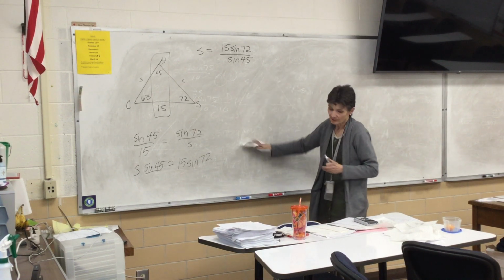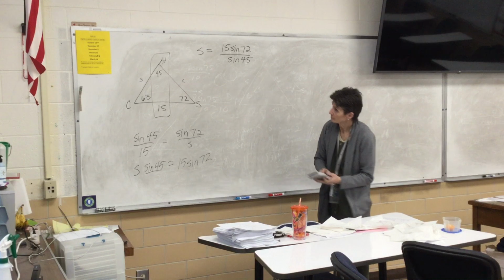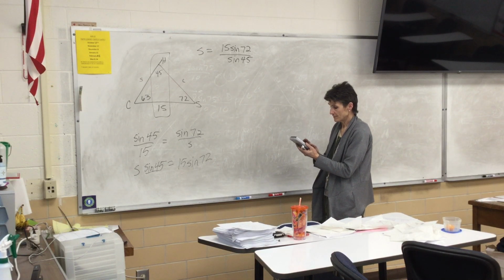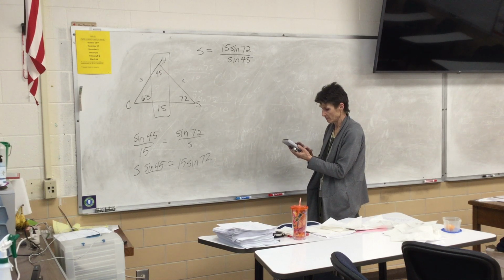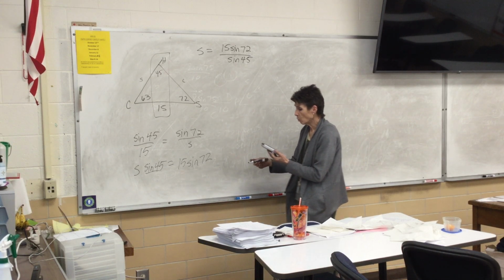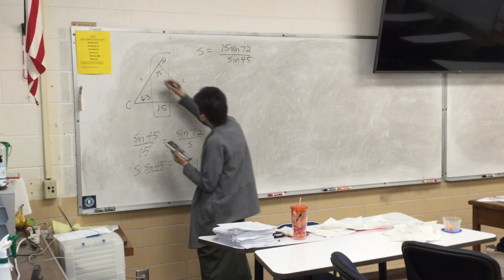So you can figure out side S. 15 sine 72, close parentheses, divided by sine 45. I got 20.17.